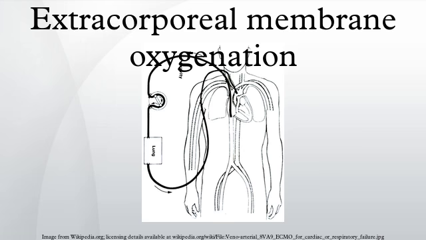Hypercapnic respiratory failure with an arterial pH less than 7.20, refractory cardiogenic shock, cardiac arrest, failure to wean from cardiopulmonary bypass after cardiac surgery, as a bridge to either cardiac transplantation or placement of a ventricular assist device. Contraindications. Most contraindications are relative, balancing the risks of the procedure versus the potential benefits.